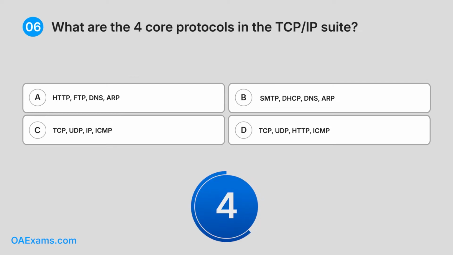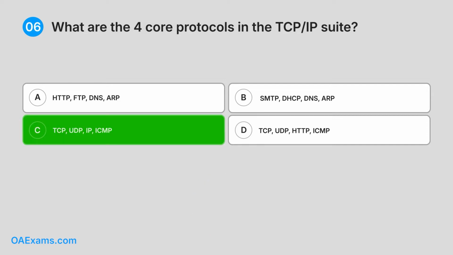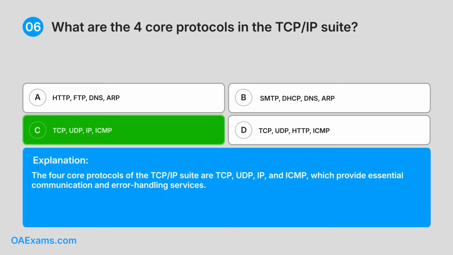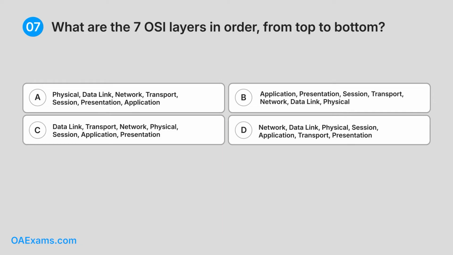Can you guess the answer? Correct answer: C. TCP, UDP, IP, ICMP. Explanation: The 4 core protocols of the TCP/IP suite are TCP, UDP, IP, and ICMP, which provide essential communication and error handling services.